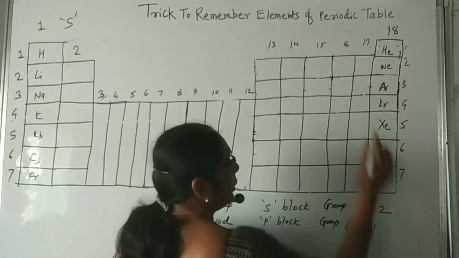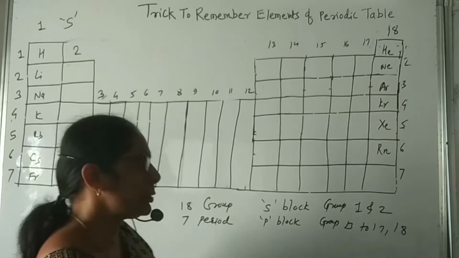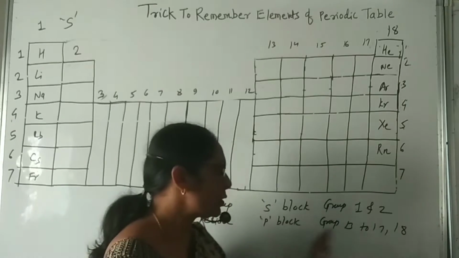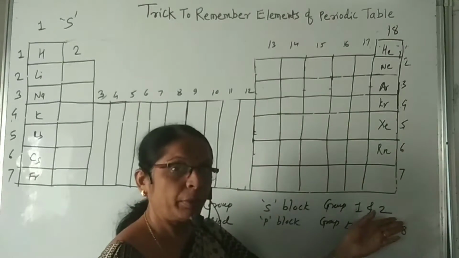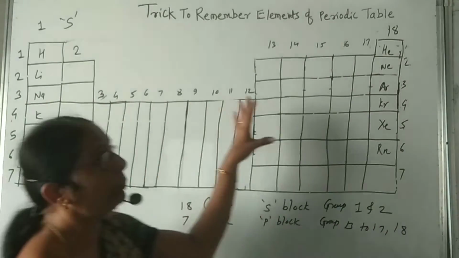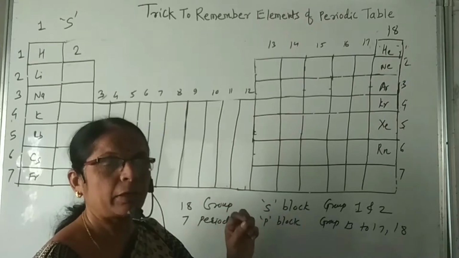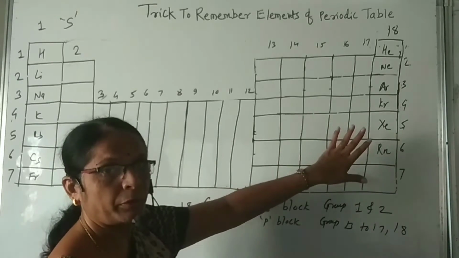Actually it is group 17, but group 18 is also included in the P block elements, so it is from group 13 to 18. Group 18 is also called the zero group. They are called P block elements because the last electron is entering the P subshell.